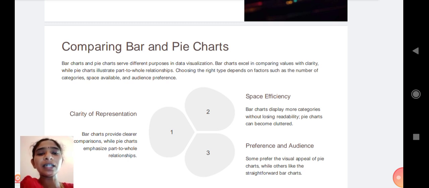A person who does not have technical knowledge can easily understand what we want to deliver by using a bar chart. But in a pie chart there are some difficulties, because we have to represent the data in a proportion format. We have some mathematical relations in the pie charts, so it is somewhat difficult to understand.